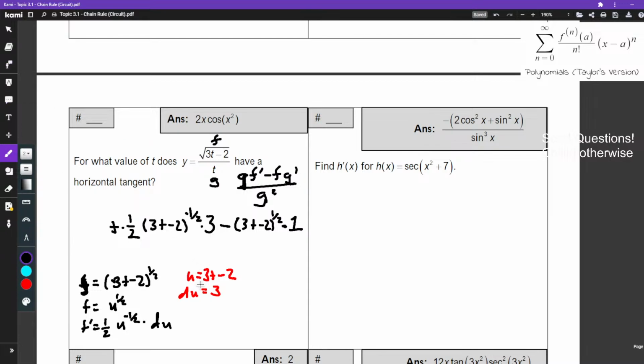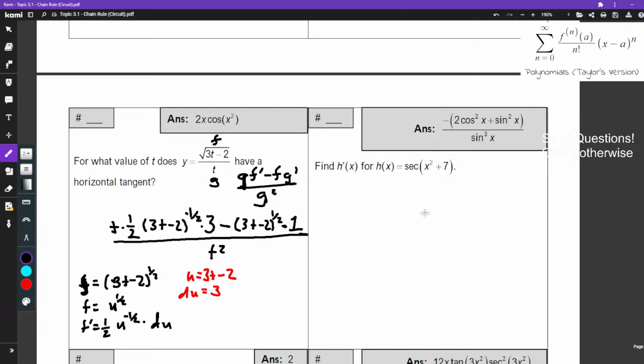Now the cool thing here is the denominator does not matter. So I only care when the numerator is equal to 0.